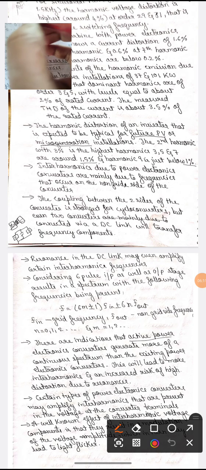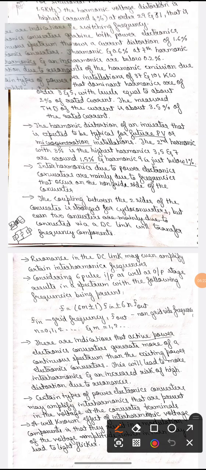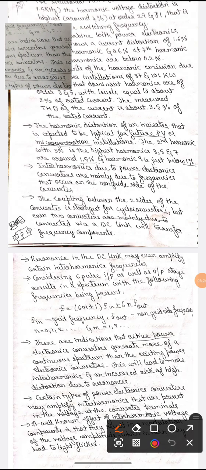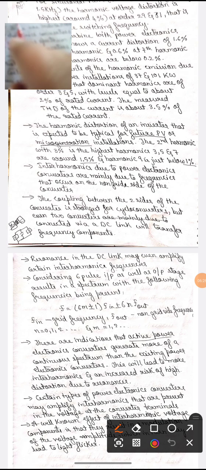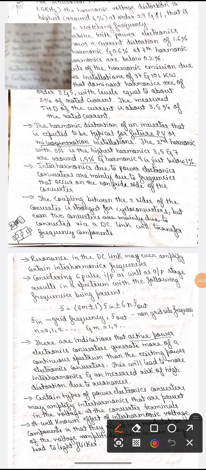F in means grid frequency, f out means non-grid frequency. And n is 0, 1, 2, 3 and m is 1, 2. m will not start from 0 because 6 times 0 becomes 0 plus or minus 1. So m starts from 1, 2 and n starts from 0, 1, 2.